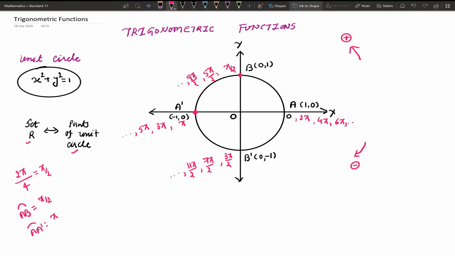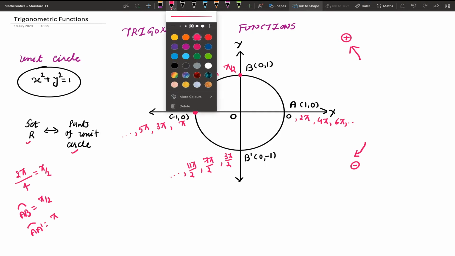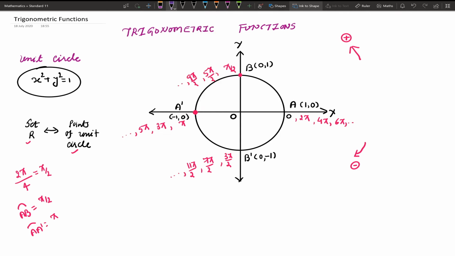Now same thing, if we travel clockwise, only due to direction the sign will be negative, the length will remain the same.